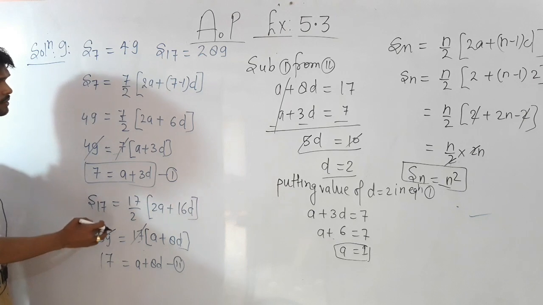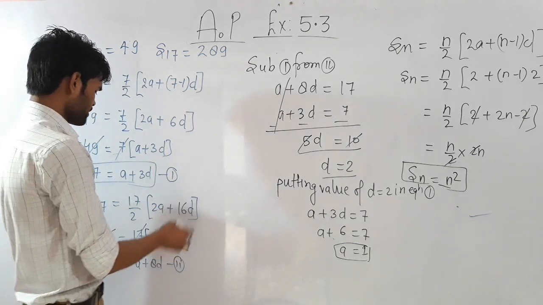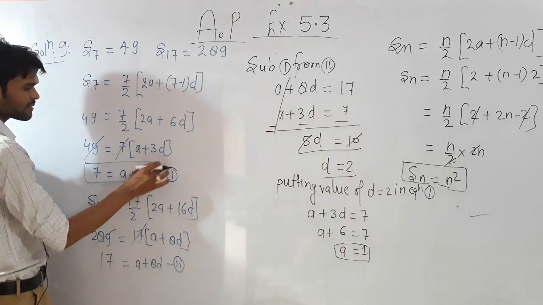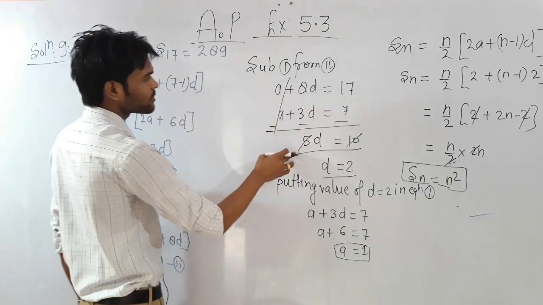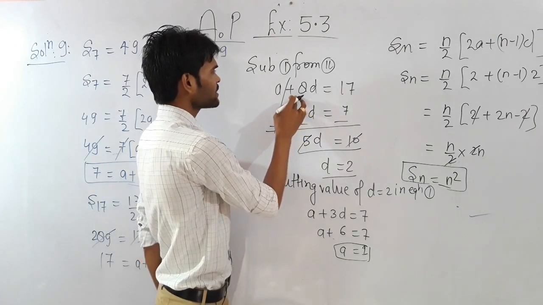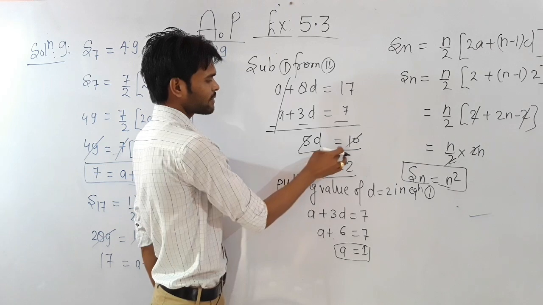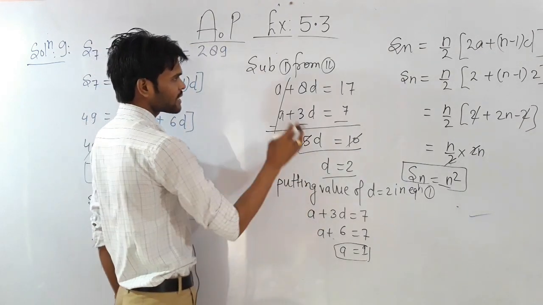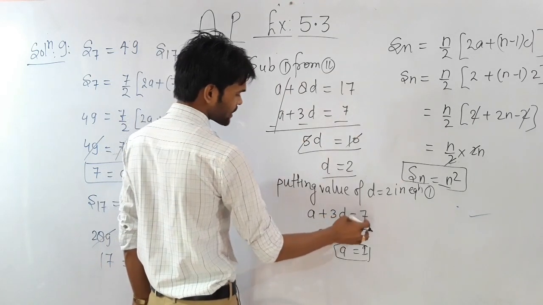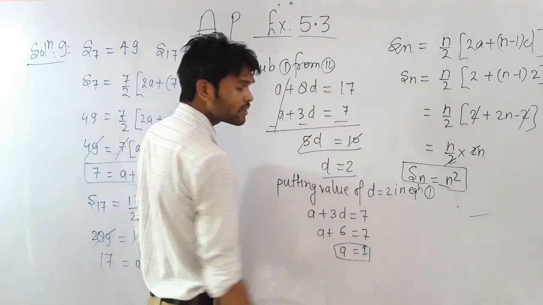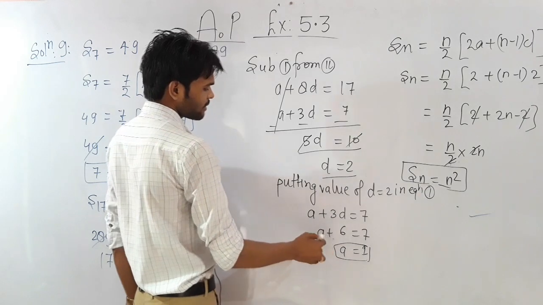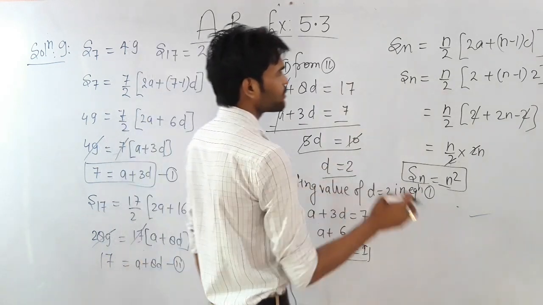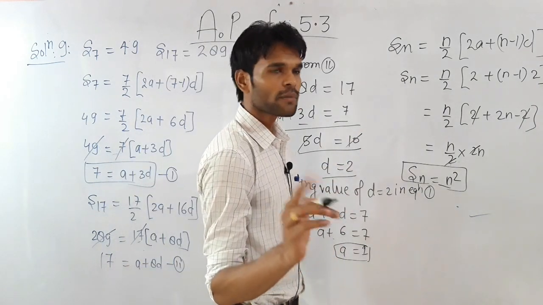Now we used equation first and equation second to get d. We subtracted equation number first from second, and we obtained the value of d as 2. Now using the value of d in equation number first, that was a plus 3d is equal to 7, we obtained a is equal to 1. Now we have the values of a and d, so we need to find the sum of the first n terms.